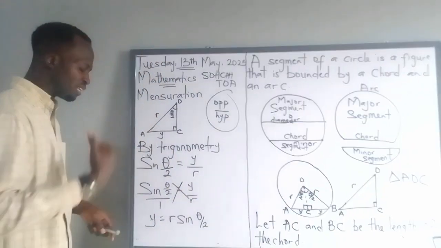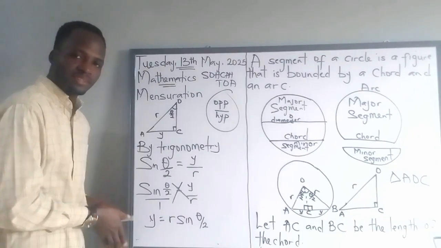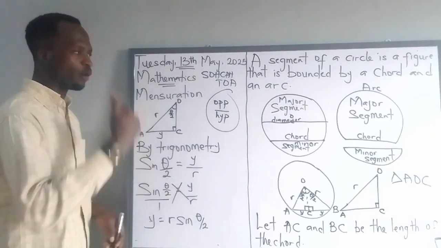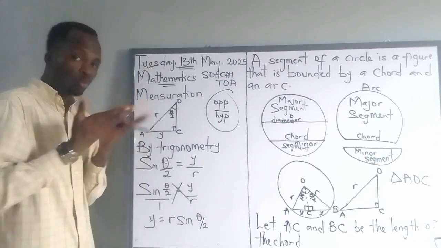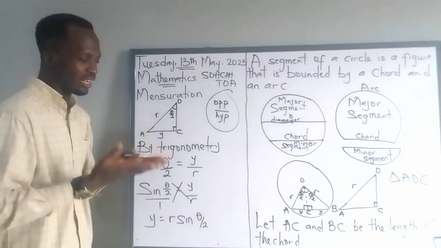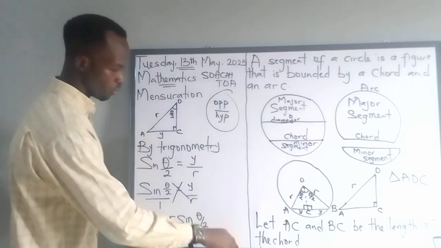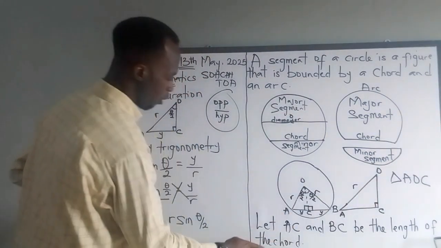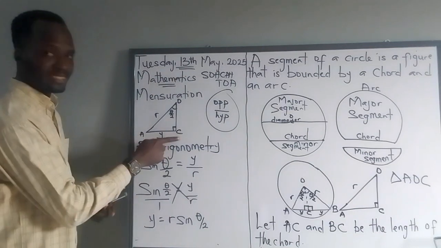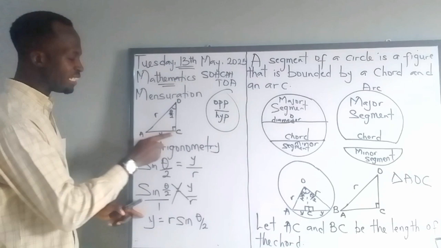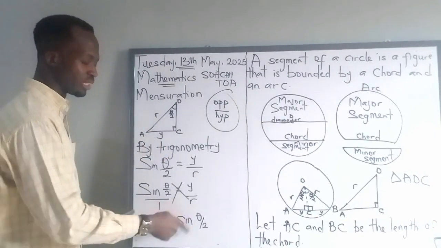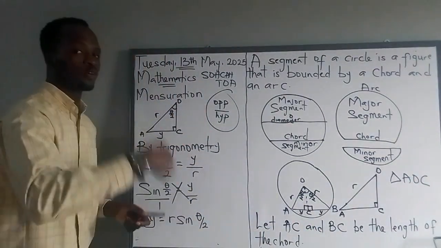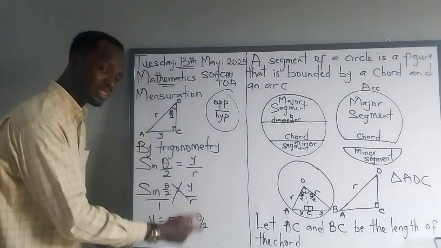Since we have the value of one Y, which is R sine theta over 2, what then will be the value of 2Y? Because 2Y is the length of the chord. Don't forget I wrote that let AC and BC be the length of the chord. So Y is AC. If AC is R sine theta over 2, BC also is equal to Y, which also will be R sine theta over 2.